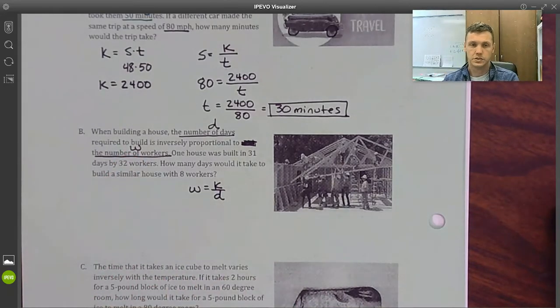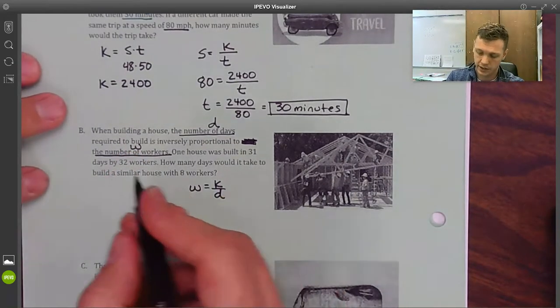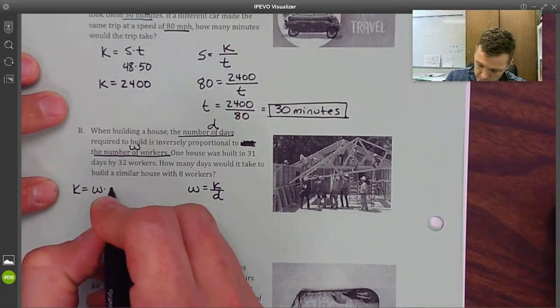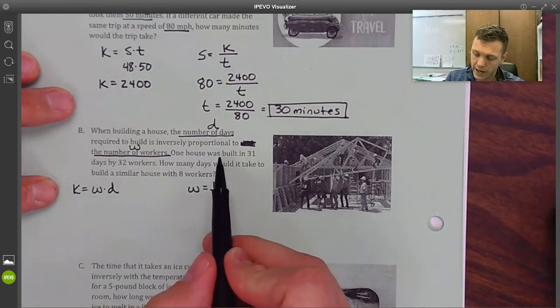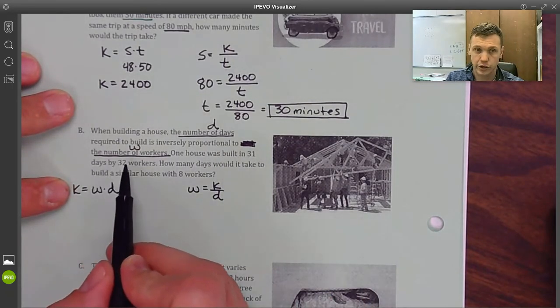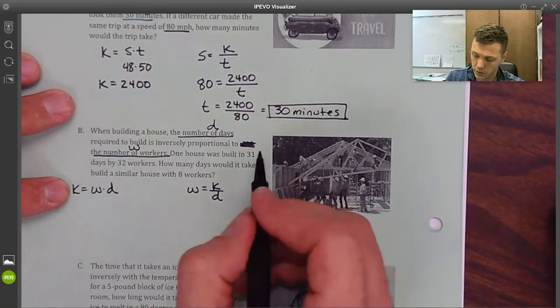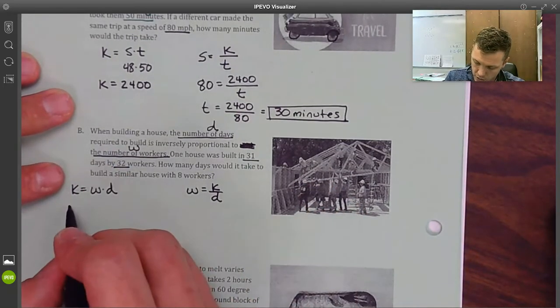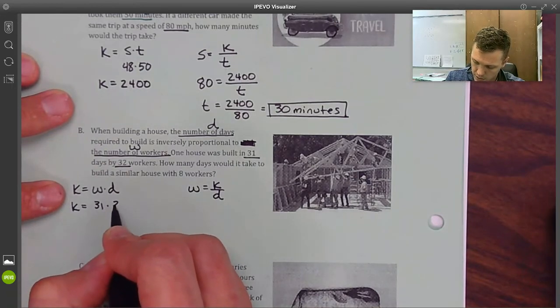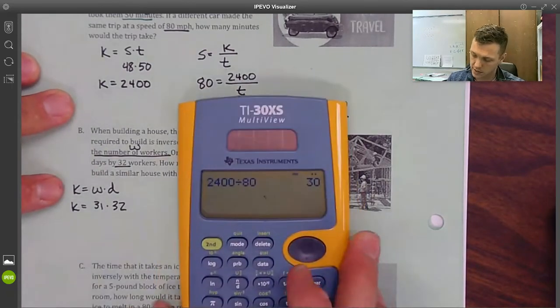All right, so now we have to try to find K. And so remember K is equal to W times D. So one house was built in 31 days by 32 workers. So our constant of variation, we have 31 workers that build a house in 32 days.